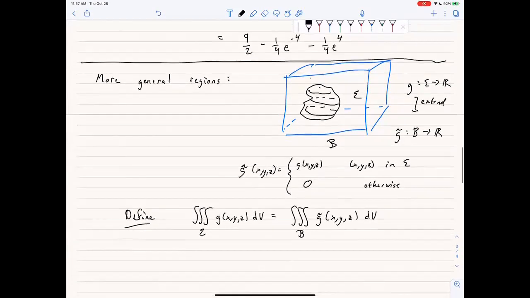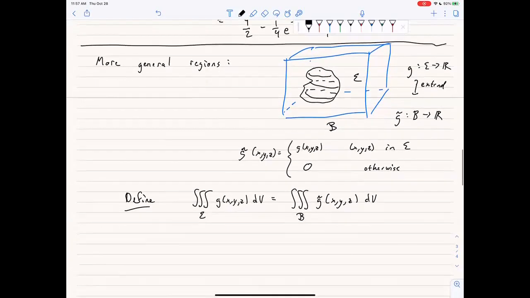And once you have this definition in hand, you can start talking about type 1, type 2, and as you'll have guessed, there should be a type 3 region as well, and maybe even more regions.